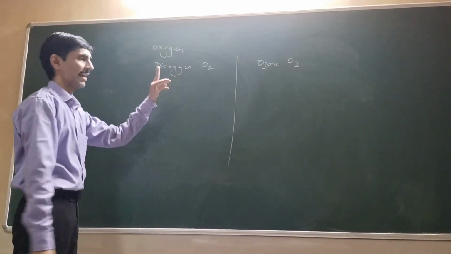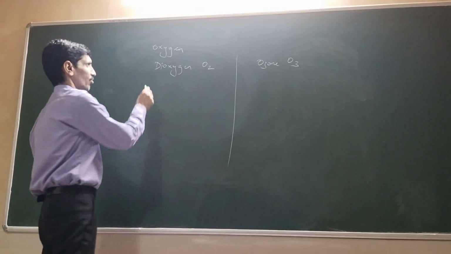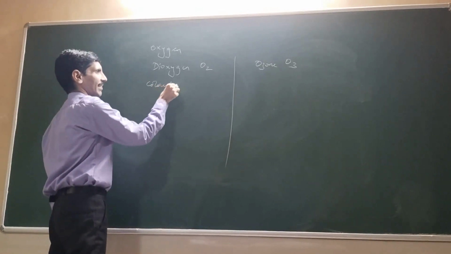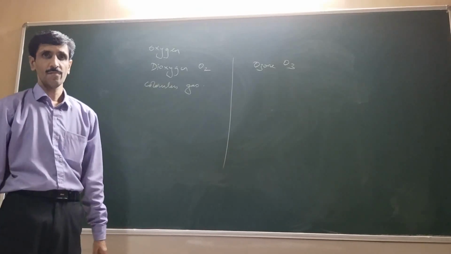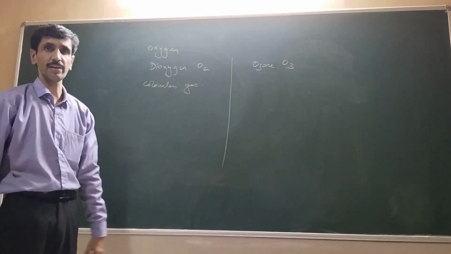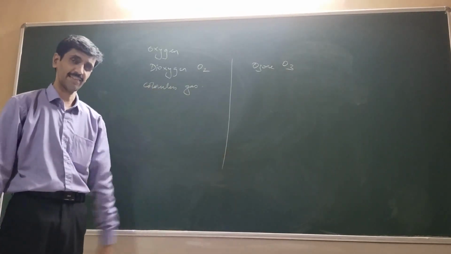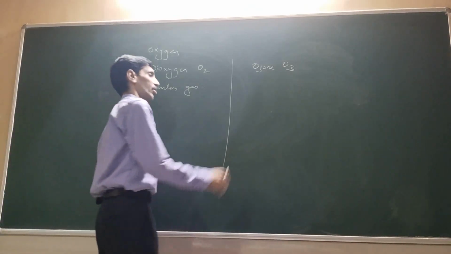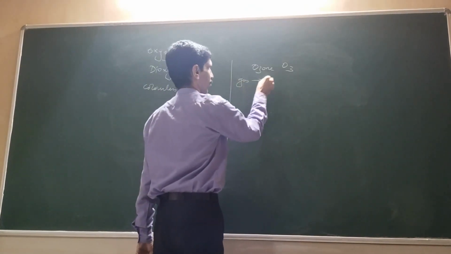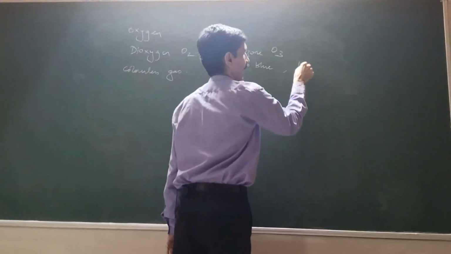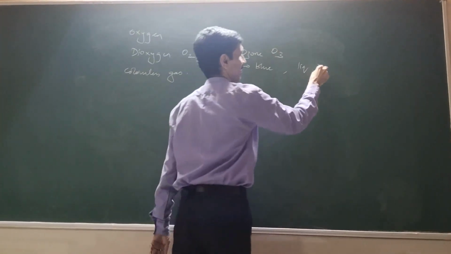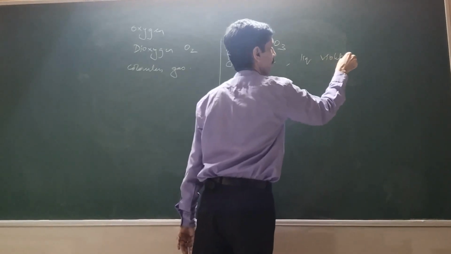Now when you talk about dioxygen, O2, it exists in the form of a colorless gas. Whereas ozone can exist in three physical states. When it is in a gaseous state, it is blue. When it is in a liquid state, it is violet blue.